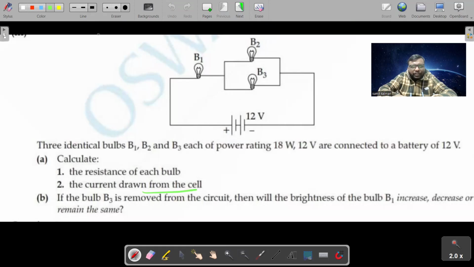If you see the circuit carefully, B2 and B3 are in parallel combination, and the parallel combination of B2 and B3 is in series with B1. So first we will calculate the parallel combination of B2 and B3.